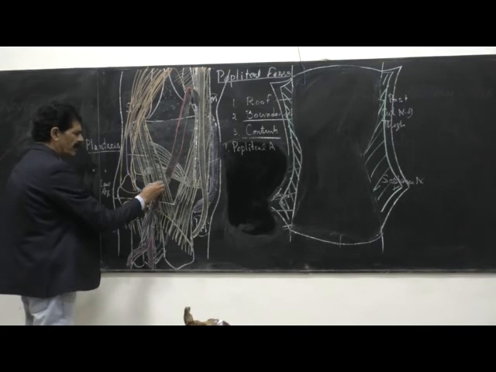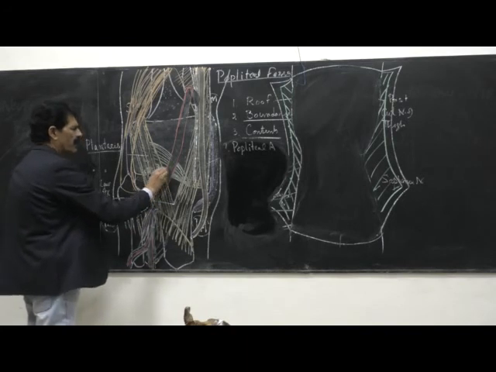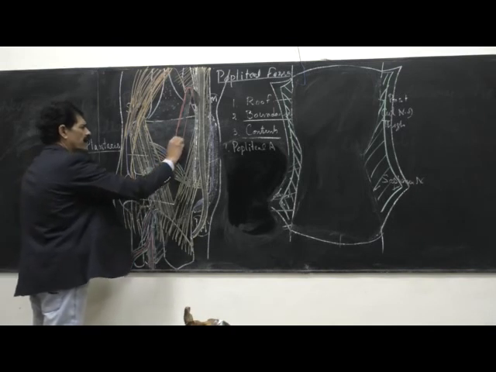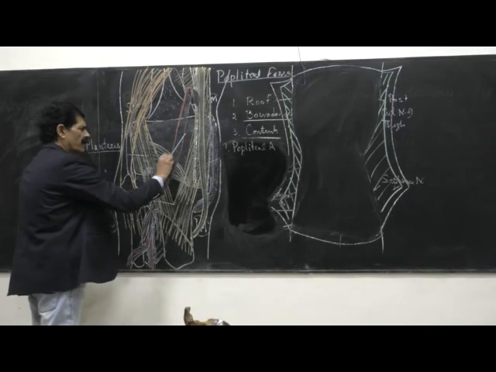And this popliteal vein runs upwards towards the popliteal fossa, and the vein runs over the popliteal artery. This vein is now called popliteal vein.